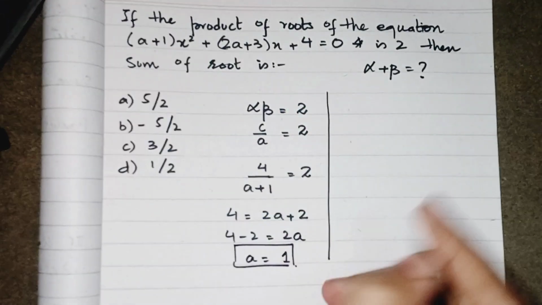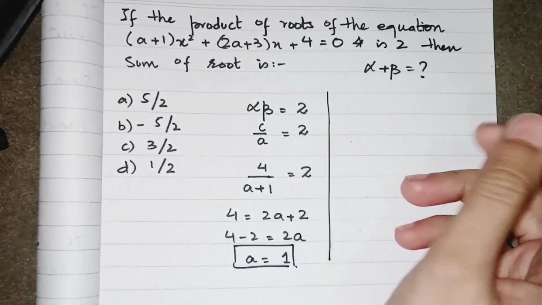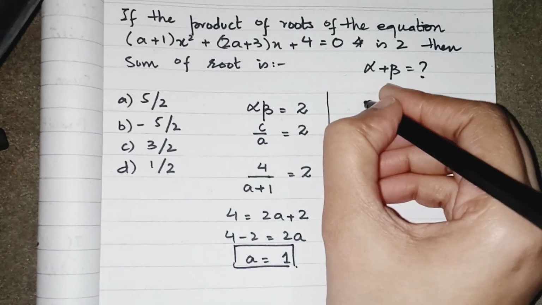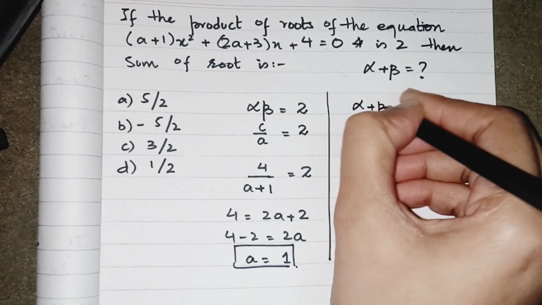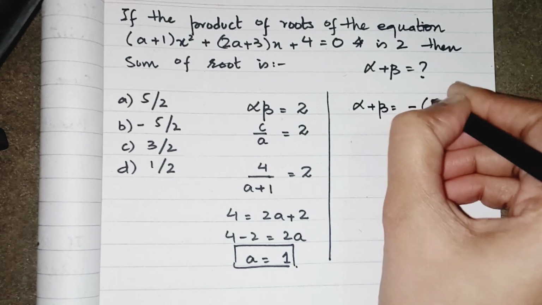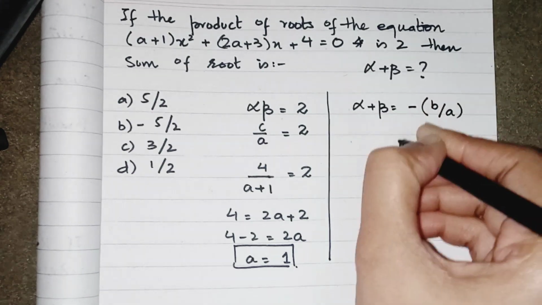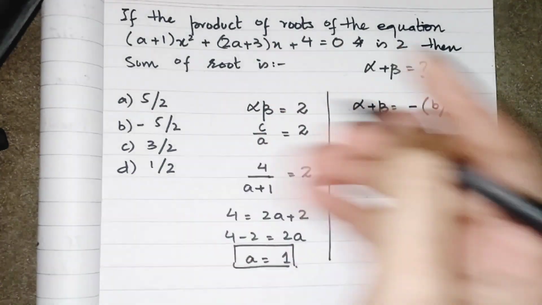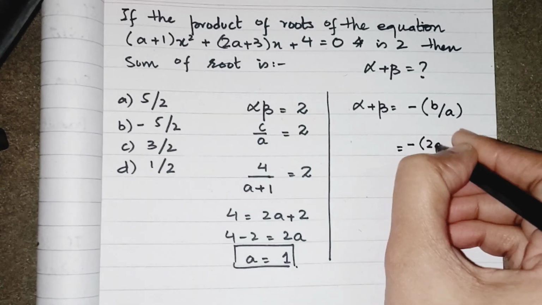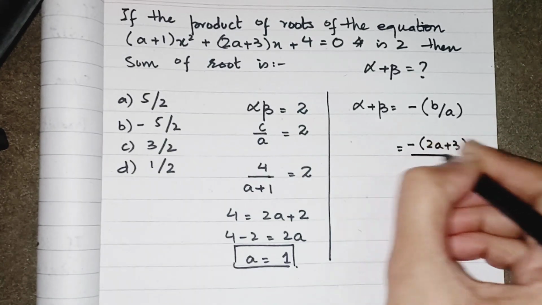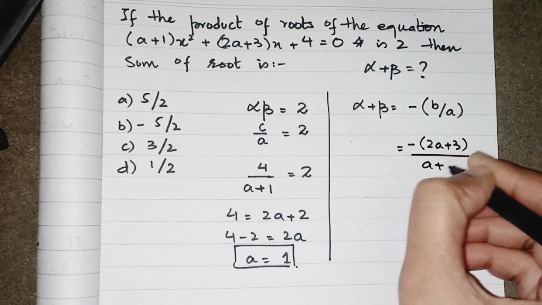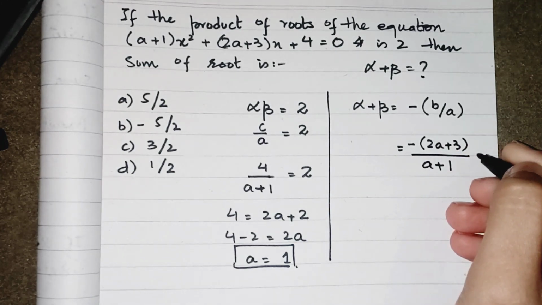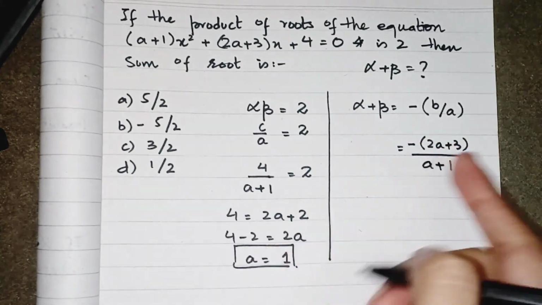Now we find the sum. The formula of alpha plus beta is minus b upon a. So minus b is minus (2a+3) upon a+1, and we put in the value of a.